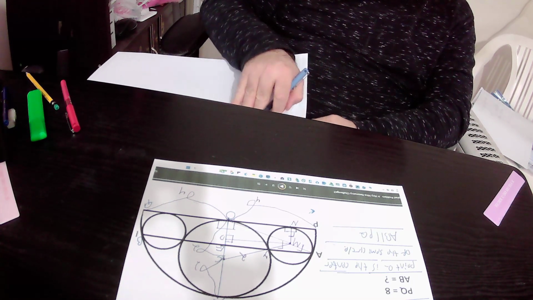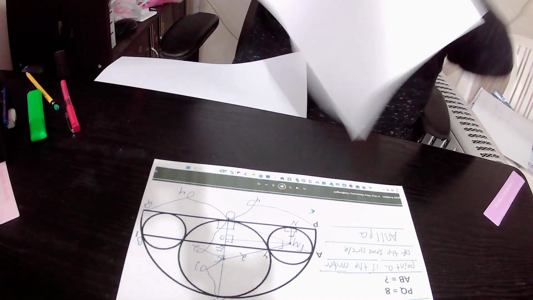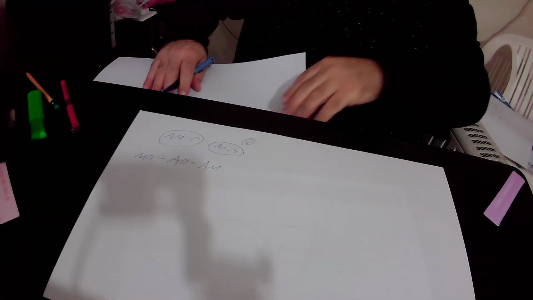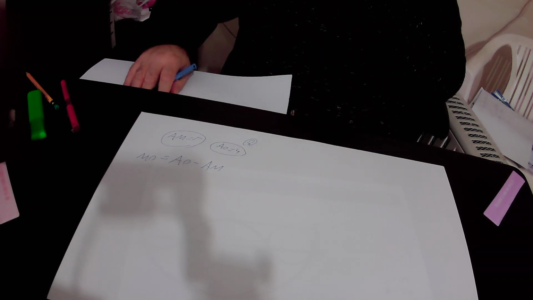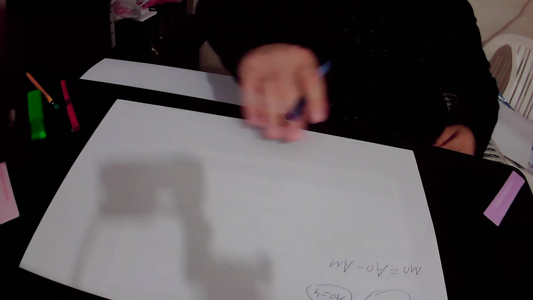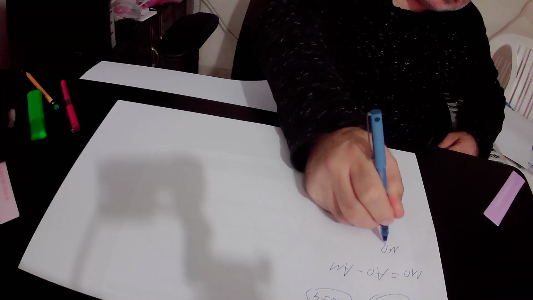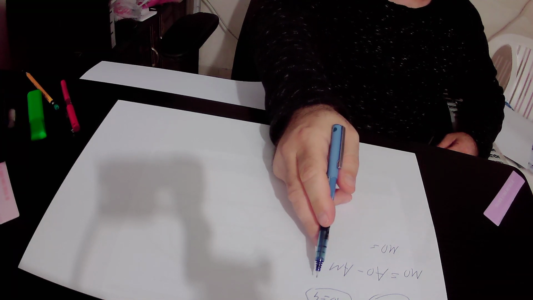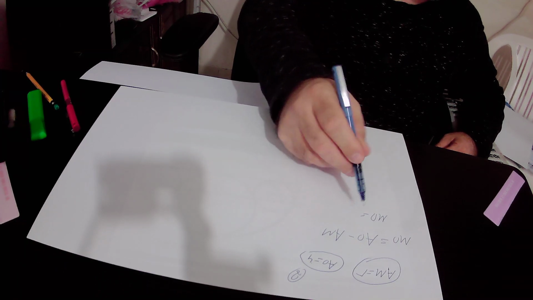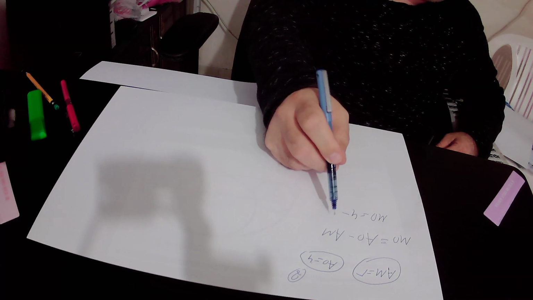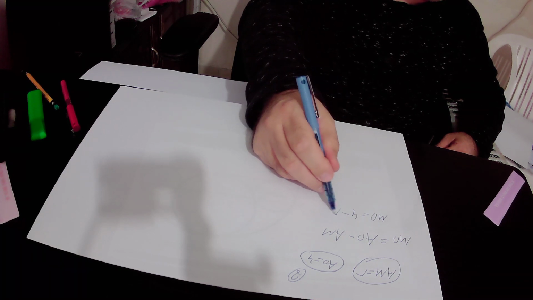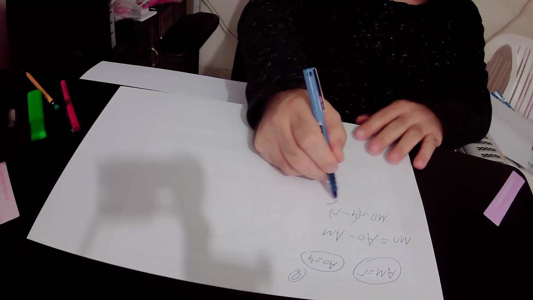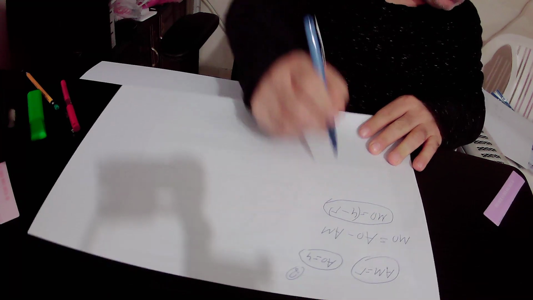I will repeat again. You can see from the drawing that MO equals AO minus AM. So MO equals AO. We already found out that AO equals 4 units, and we have already found out that AM equals r. So in total we found out that MO equals 4 minus r.